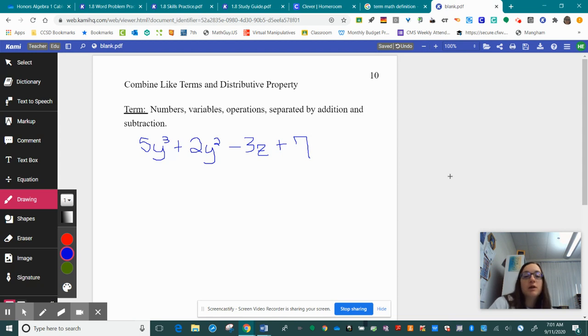Now, if we look at this, how many terms does this expression have? There are 4 terms. We're looking at it separated by a plus sign.